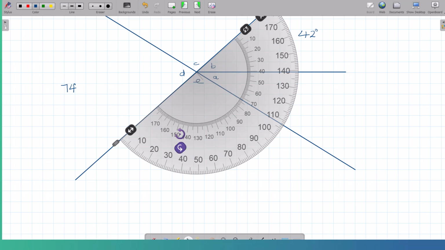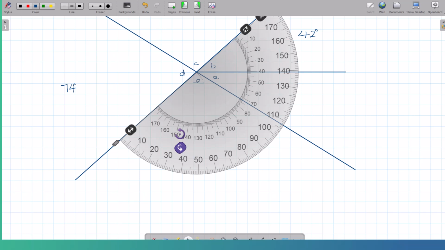Maputi, what's our angle E? What is our angle E? Hello, Maputi, do you hear me? 107 or 6.